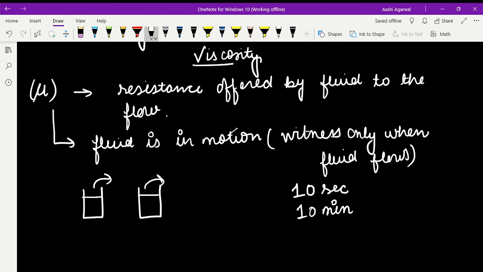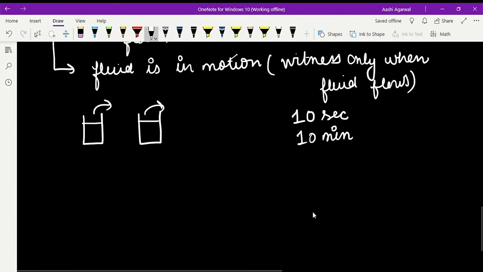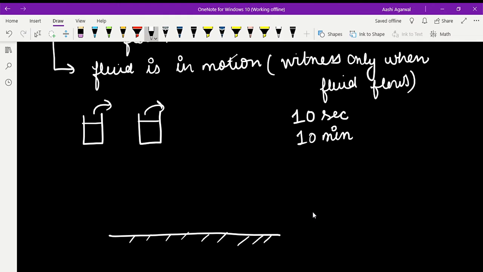Now actually this flow happens in layers. When we study the flow, we study it at the molecular level. For example, let's say this is a fixed plate and you have a fluid over this plate. As soon as you allow it to flow, that means you are applying a force.